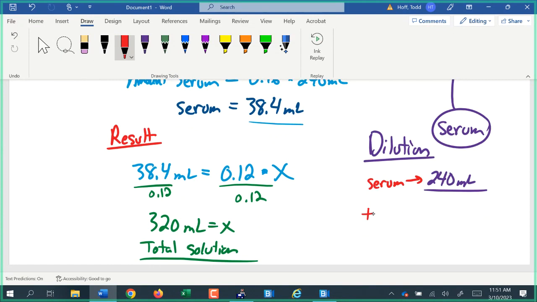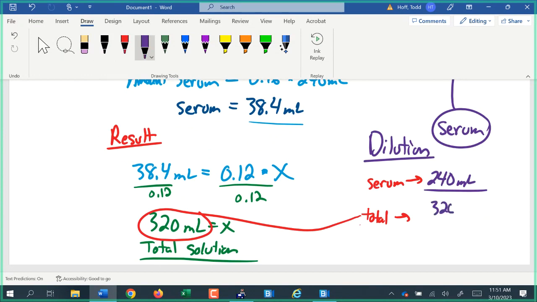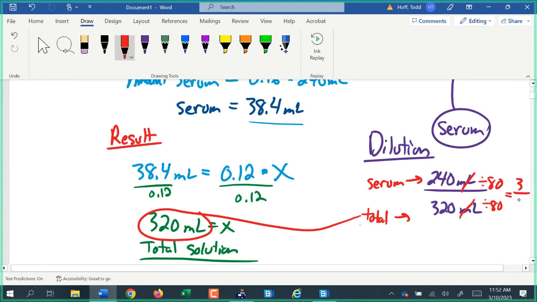And then our total solution is the resulting amount after we've diluted it, which is going to be the 320 milliliters. So now here the milliliters cancel out, and we have to reduce 240 and 320. Both of those will divide by 80. 240 divided by 80 is 3, and 320 divided by 80 is 4. So this is a 3 in 4 dilution.